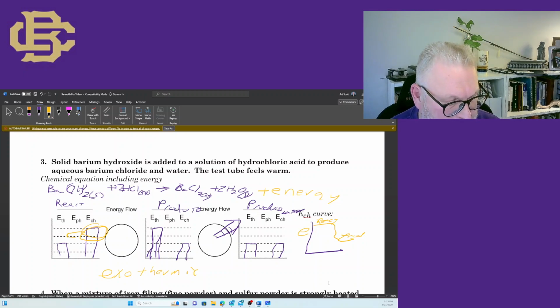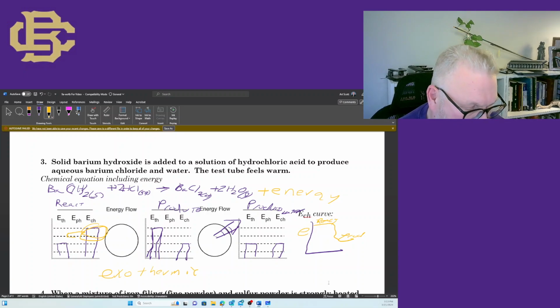Energy that's being released can be seen as one of the products, all right? Because this thermal energy left the system, the ECH of the reactants must be higher than the ECH of the products, okay? And then I drew the 4 bars on the ECH of the reactants and 2 bars for the ECH of the products in the bar graph, okay?